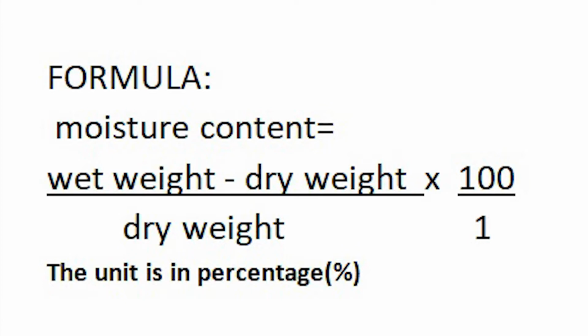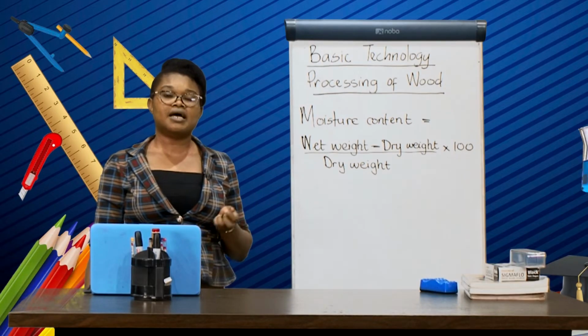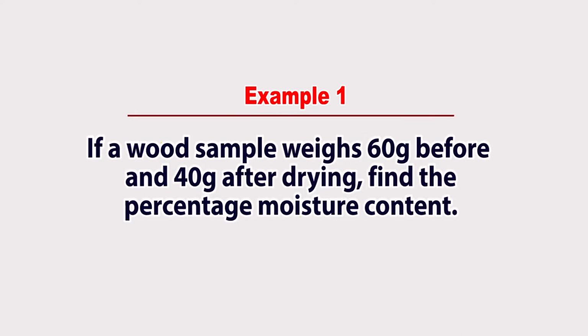Now, let's take a look at this example. The question says, if a wood sample weighs 60 grams before and 40 grams after drying, find the percentage moisture content.